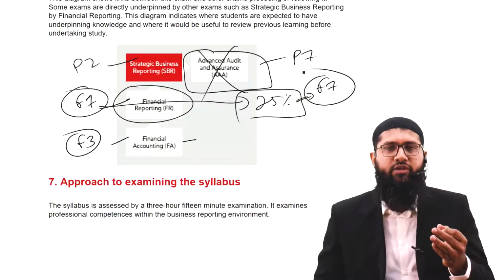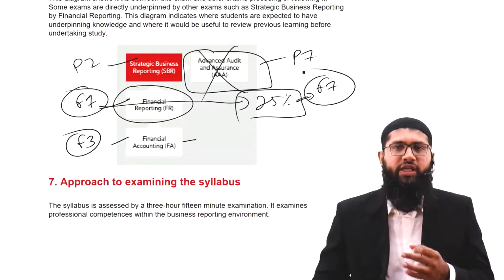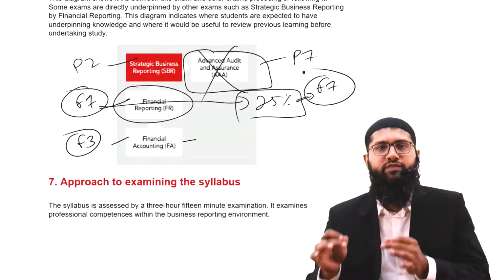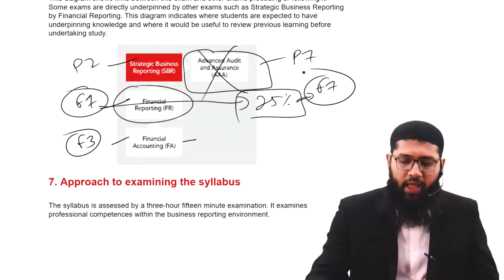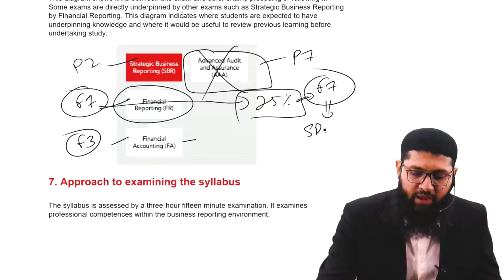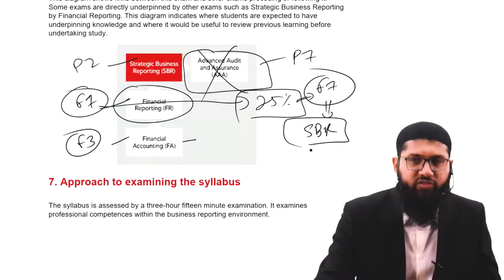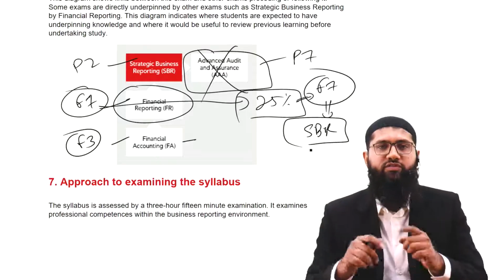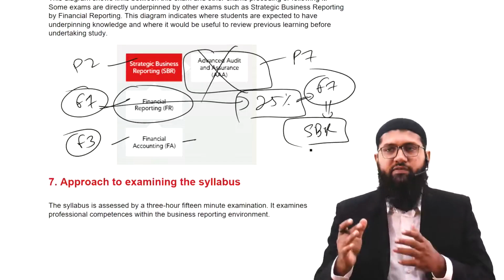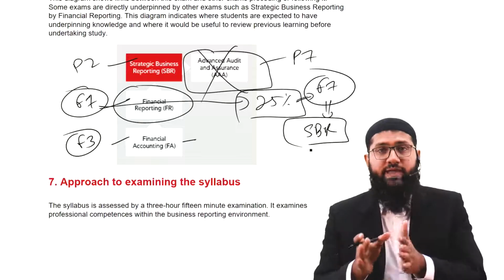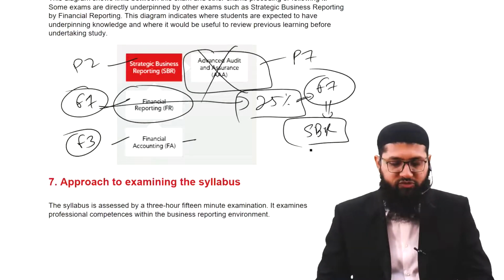I would be doing revision of every single accounting standard, every single thing that you have studied at the F7 level, and we would be doing the SBR level examination questions pertaining to those topics which you have studied at F7. So the way we are going to be preparing is that we'll be focusing on them also.